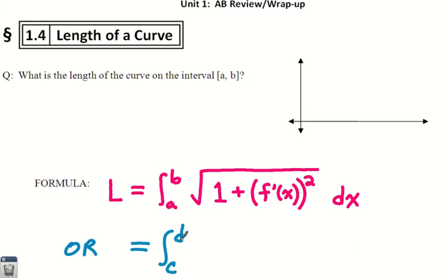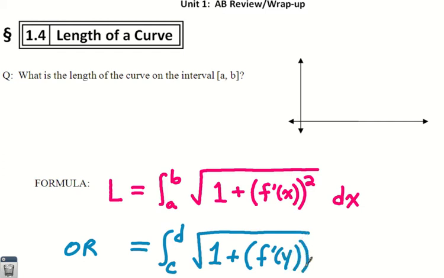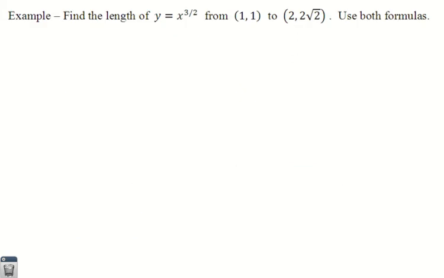And so you could call the function f of y, and then it would be dy, and these limits of integration would be y values. But it's basically the same thing. So there's two different versions. It's not two different formulas, it's just two different versions of the same formula.